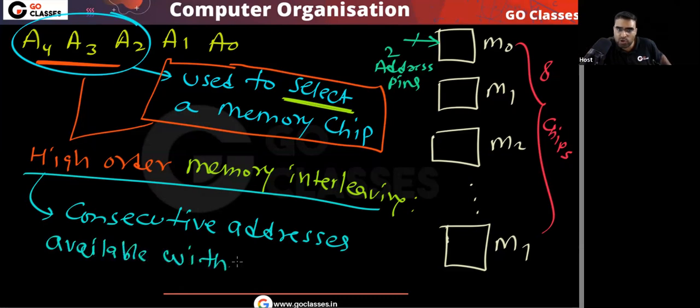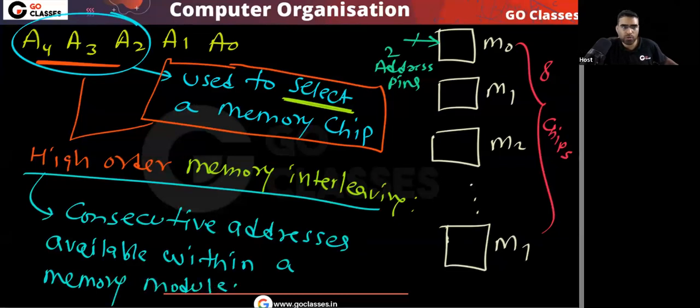Yes or no? I hope you understood. So remember, within a module, you can find the consecutive addresses.